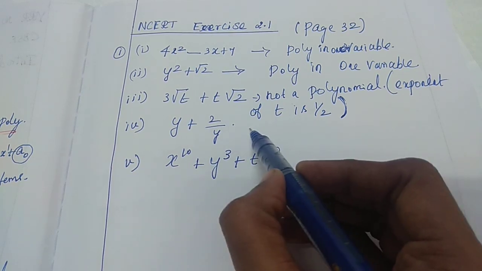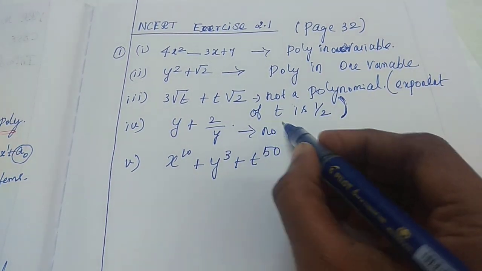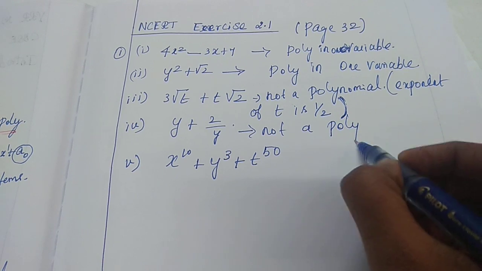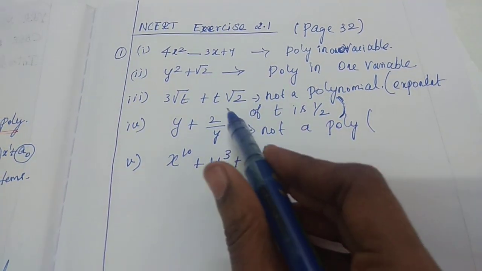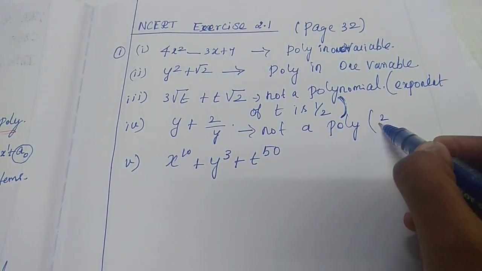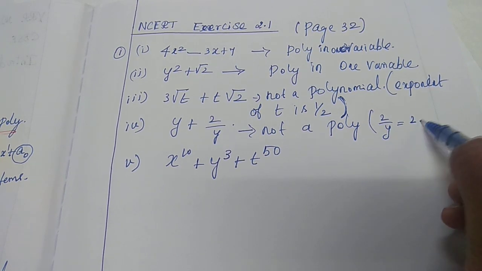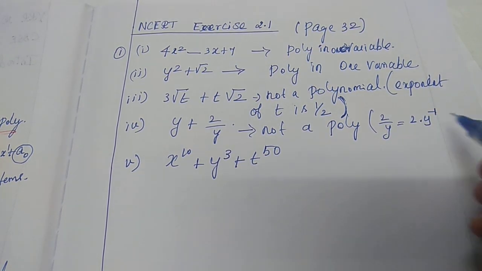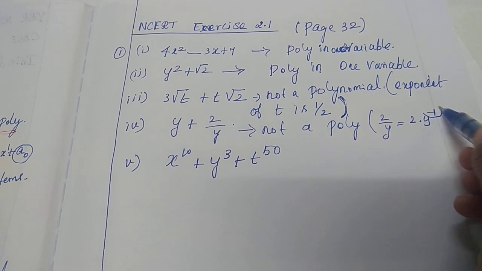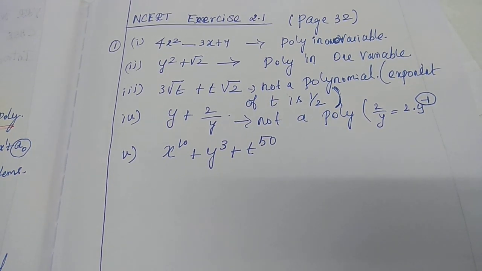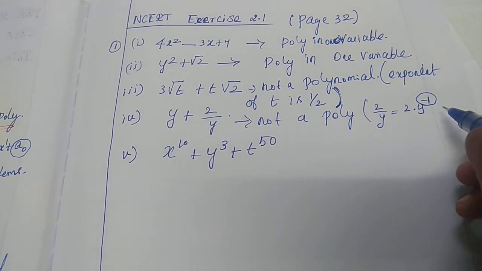Then division number 4 is also not a polynomial. Why? The second term is 2 by y, that is equal to 2 into y inverse. That is, the power is minus 1 here. This is not a whole number.